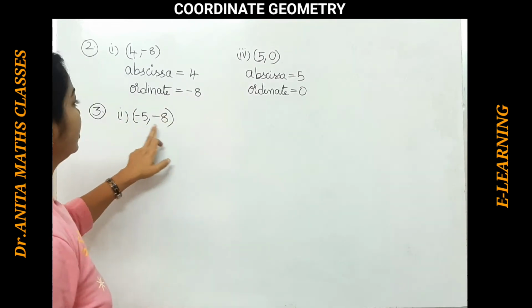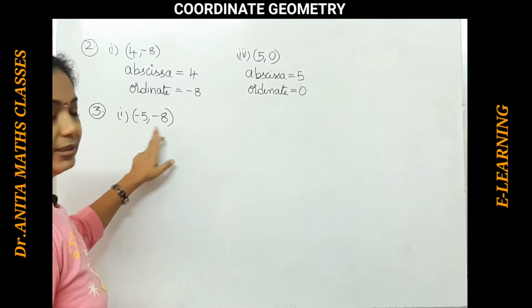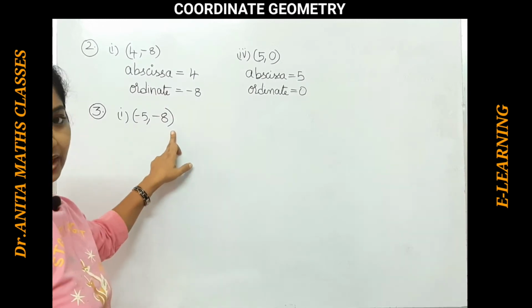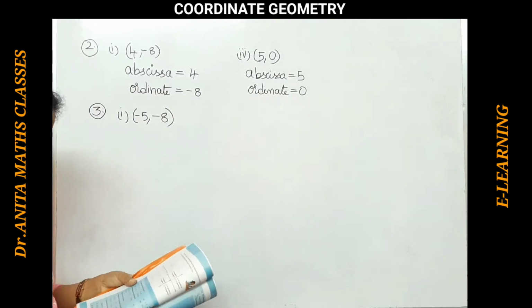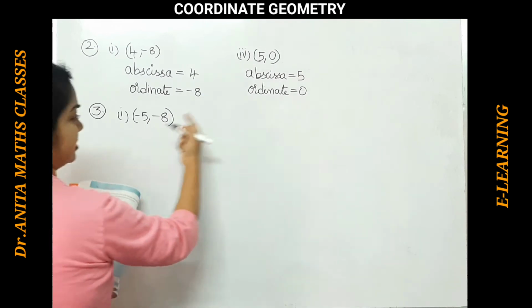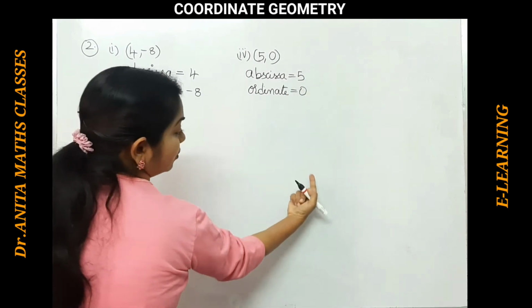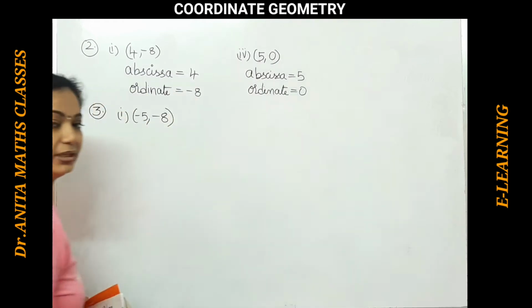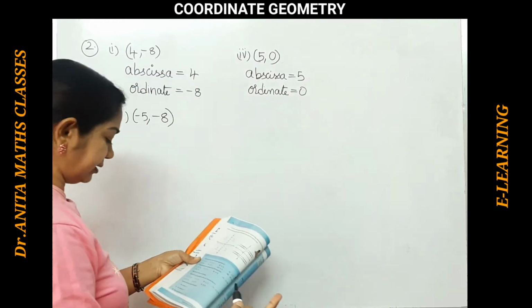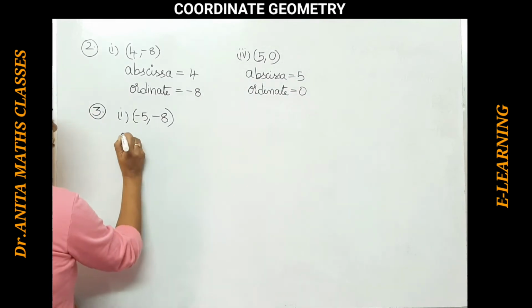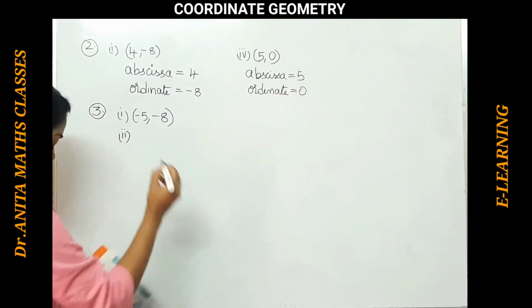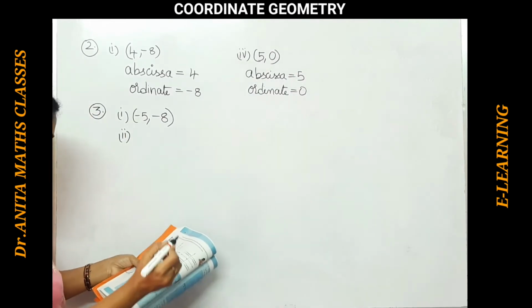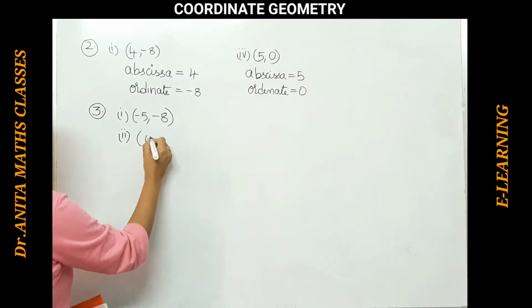Here both the abscissa and ordinate are nonzero numbers, so this does not lie on any axis. It lies in the third quadrant, where, among the quadrants Q1, Q2, Q3, Q4, in the third quadrant both the abscissa and the ordinate are negative, right? Now if you are taking the second bit, here the second bit is 0, 13.